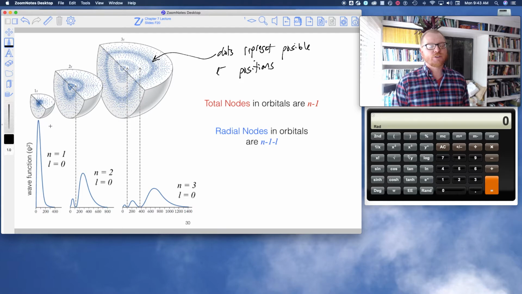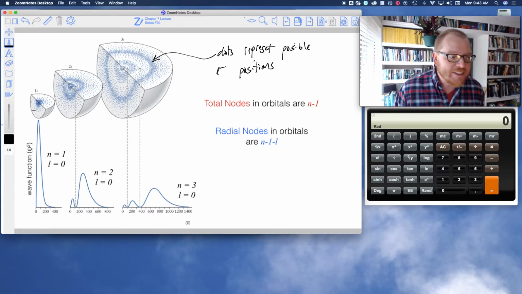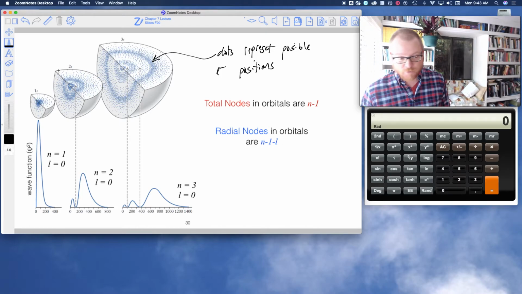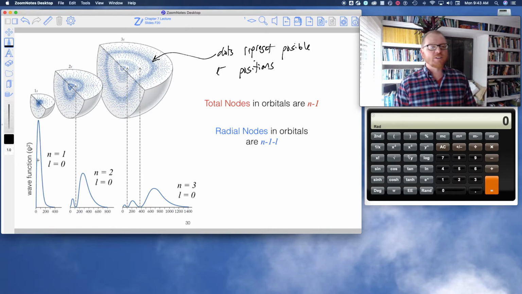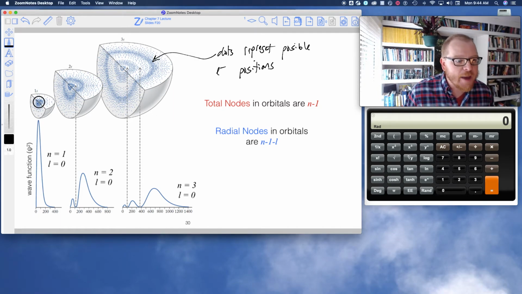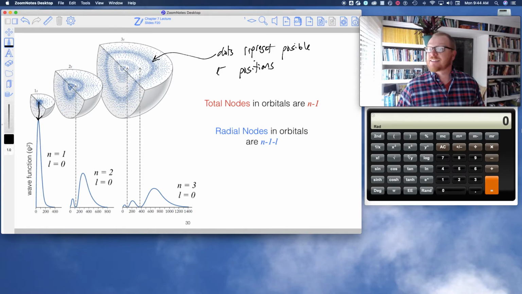So for example, if we first start at the 1s, we can see there's no internal radial nodes, okay? So in other words, if I made a 2-dimensional graph out of this shape, it would just be one really large peak, and you can see that peak corresponds to where the electron density is the highest. So that gives us the most likely place to find the electron.